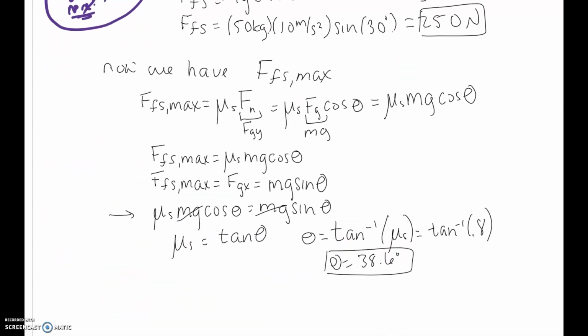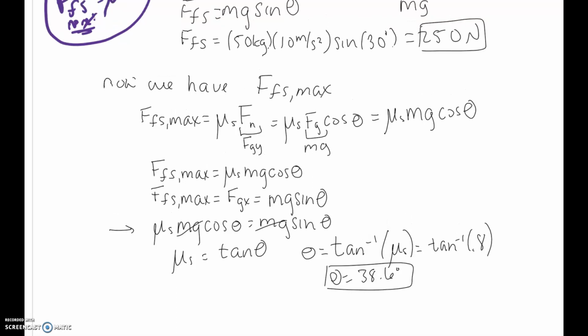So in plugging it in, we are taking mu times the force of gravity times the cosine of theta, where force of gravity is just mg. So my expression ends up being mu mg cosine theta. All right, so that's great.